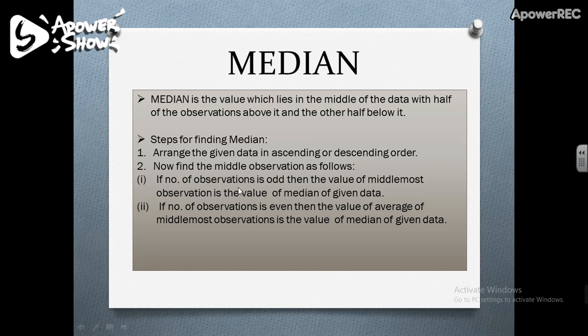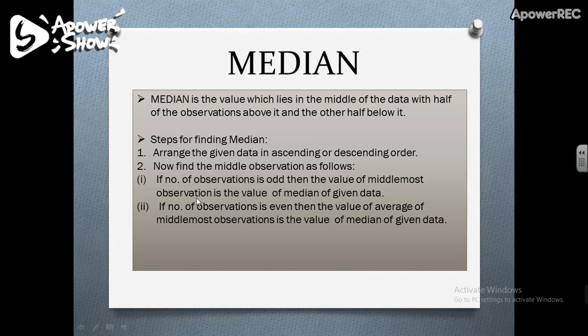If the number of observations is an odd number, that is, not divisible by 2, like 3, 5, 7, 9, then you can easily find the middlemost observation, and that value is the median of the given data.